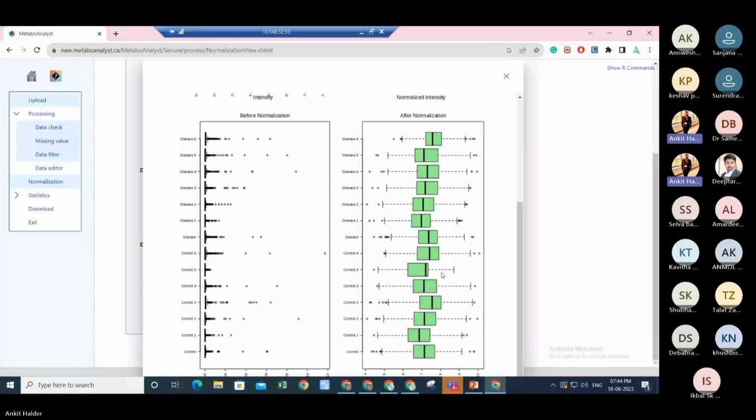If you find that these samples are behaving very differently and their data distribution is much different, then you need to discard these samples and perform the analysis again. Otherwise, keeping these samples, normalizing them and going ahead with the analysis in a rough manner will give a false result.